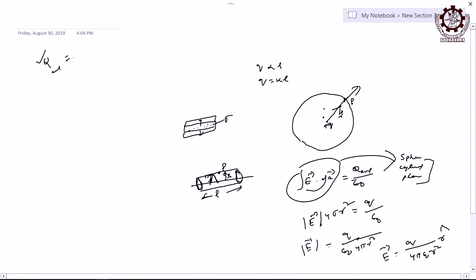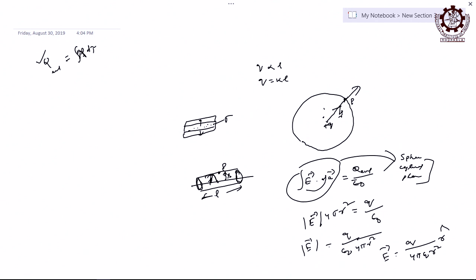What is the q enclosed? How will you get that? Rho d tau, right. Yes, lambda, right. Will this same amount of charge be enclosed within a volume or is it different? If I say volume, is there any problem? Suppose it is not a linear charge distribution, let that be a volume charge distribution, meaning the whole charge is within the cylinder.